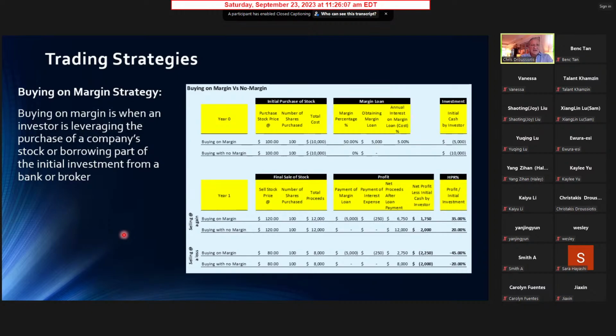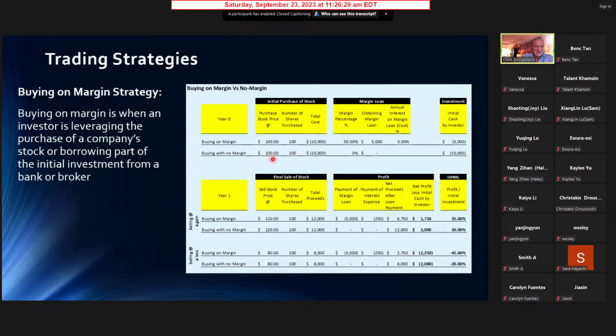But let's look at an example of how buying on a margin enhances your return. So let's say you buy with no margin. I'm going to look at the second line. You bought 100 shares of a stock at $100.